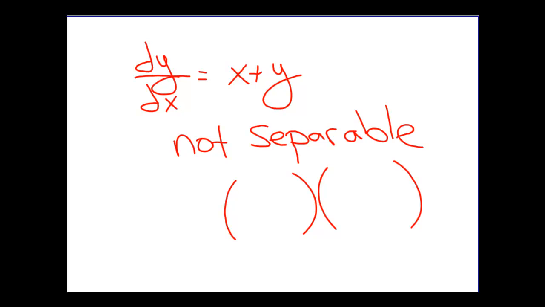That does not mean that we can't solve this differential equation. But it means that we have to think of other techniques. Perhaps here we could find some sort of antiderivative that may work, or some other technique, but the technique we're going to see today would not work in a problem that is not separable. Well, let's take a look at a separable differential equation, and let's see the technique for actually solving it.